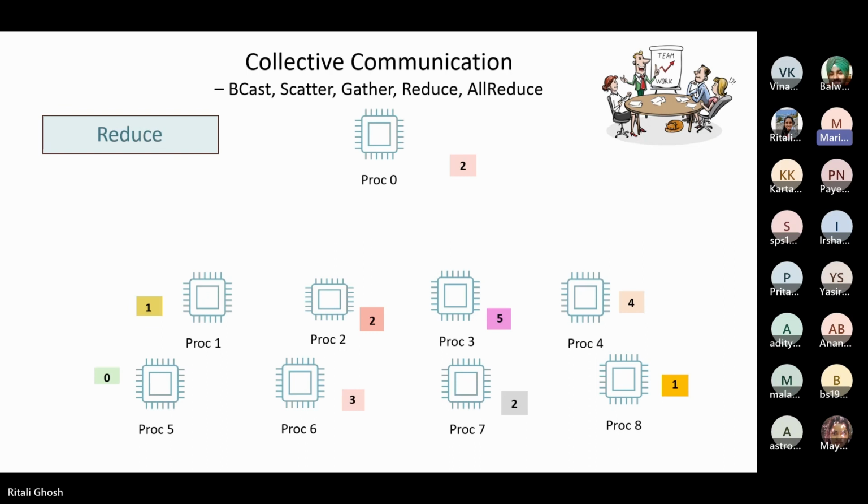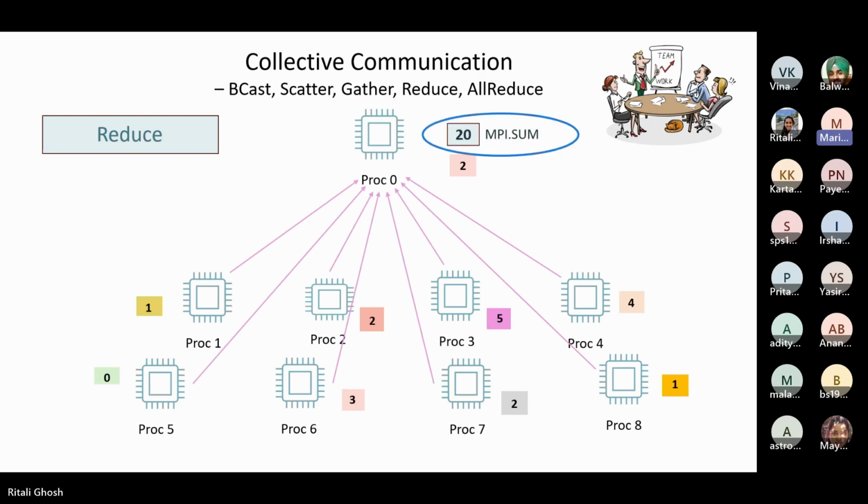Okay. Then there is a reduce operation. Say there are some numbers which have been calculated after some operation and they exist on all of the processors. In reduce, you do it only for one of the processors, which we are defining here as 0. It will sum or find out the maximum, anything. Those operations can be done on the go while you are communicating those numbers.